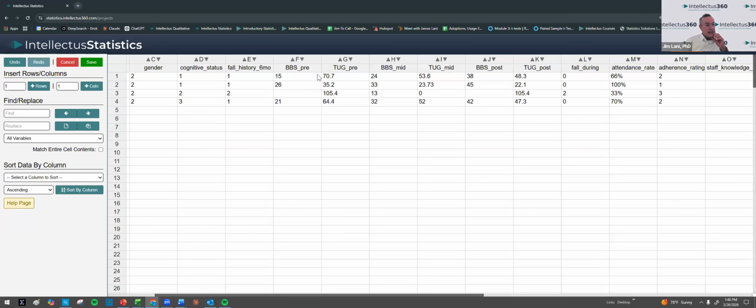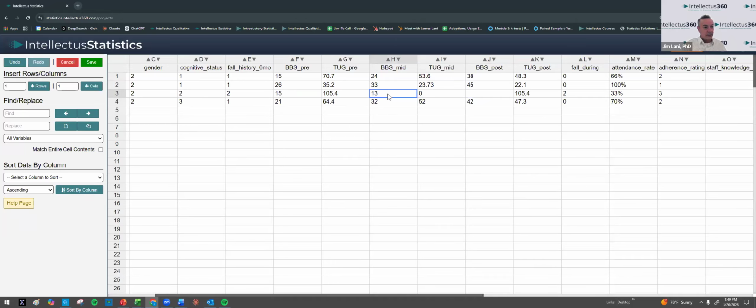So we're comparing BBS pre to BBS post, or pre to mid to post? Yes. All right. The first question is, is this truly missing, or do you actually have data? I have data. What's the number? It was 15. And how about post? Since the person didn't do anything, it was still the same.